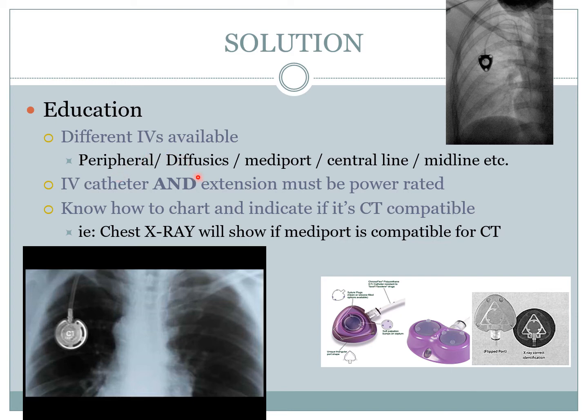So the Diffusix, instead of it being like a straw, is also a tube, but within the tube, so let's say this is a straw right here, and this is the end of the catheter, that's a regular IV. But the Diffusix, it's a straw, but then it has little holes within the catheter.